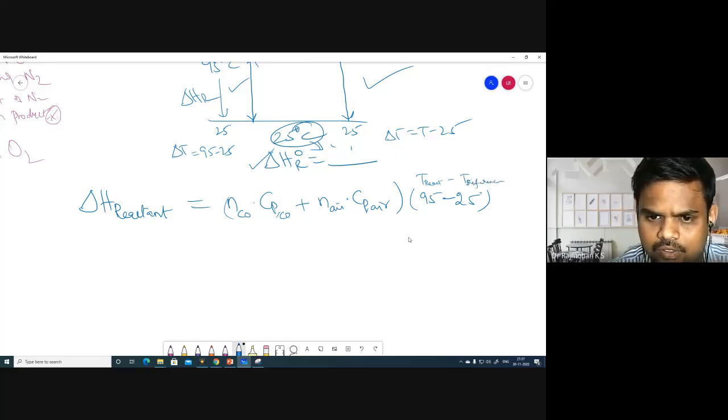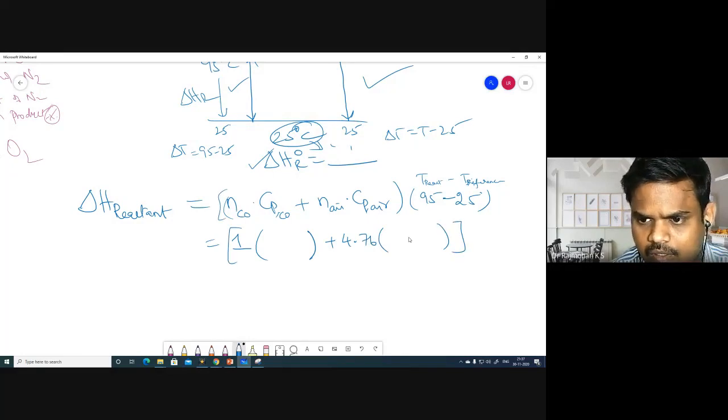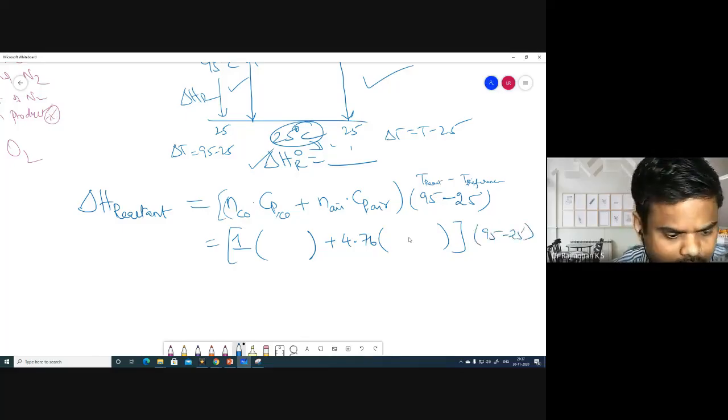If you substitute, the number of moles of CO is 1 multiplied by Cp of CO, plus the number of moles of air is 4.76 into Cp of air, into 95 minus 25. Let us substitute the values.